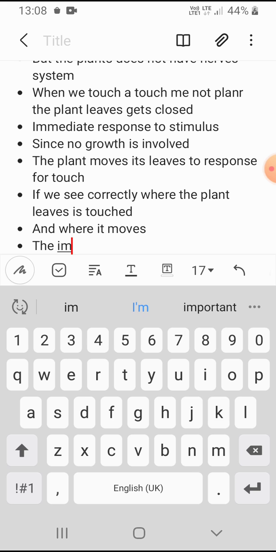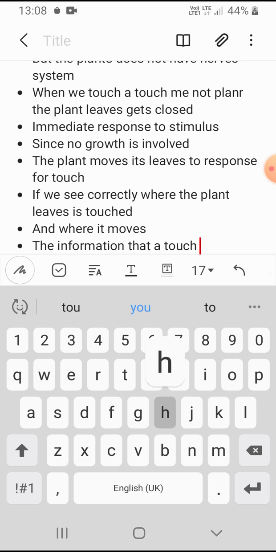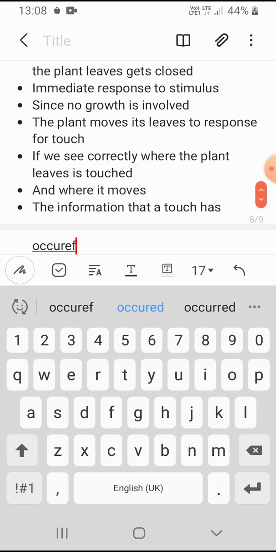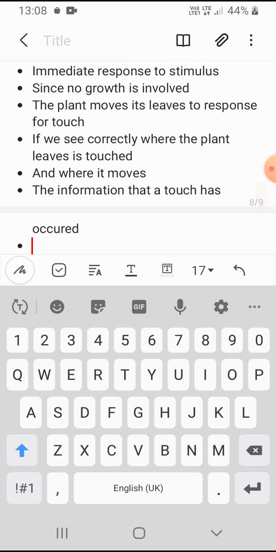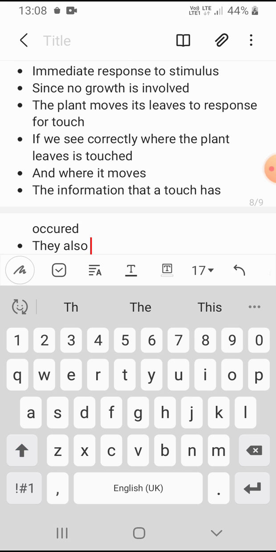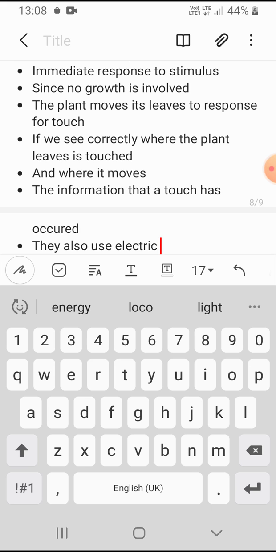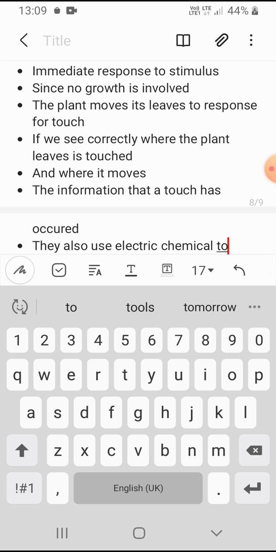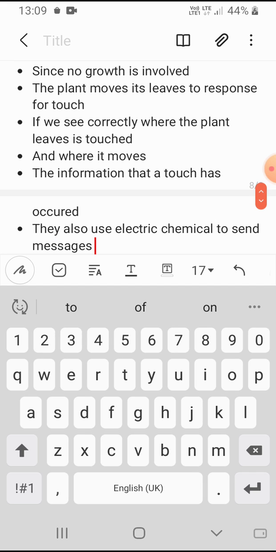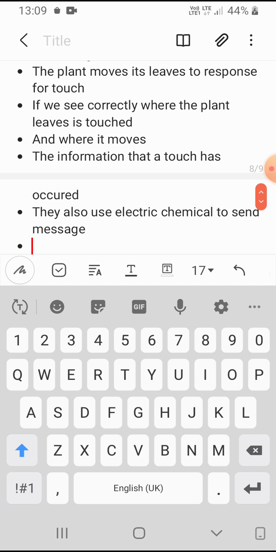The information that a touch has occurred goes through the plant. They also use electrical and chemical impulses, as human beings do, to send messages or to work with the cells.